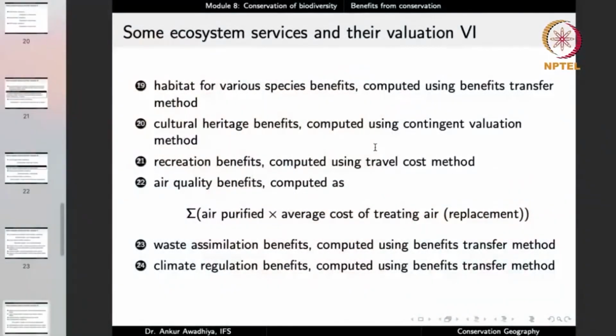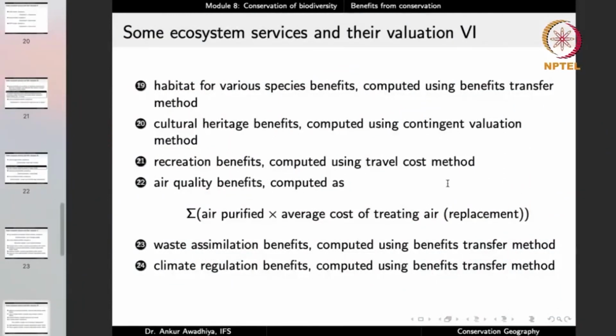So if you ask the people who are the stakeholders of this banyan tree, the value that they put to this banyan tree, the cultural value, and then do a summation, then you can compute the cultural heritage benefits.